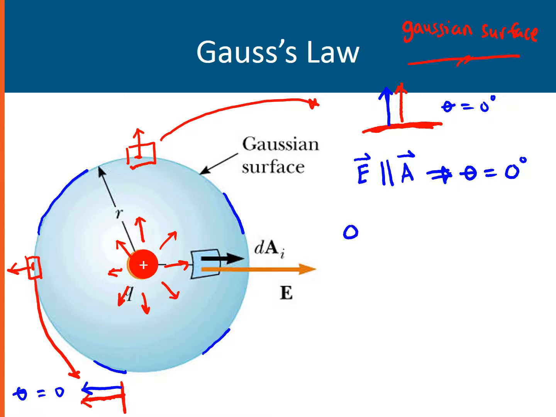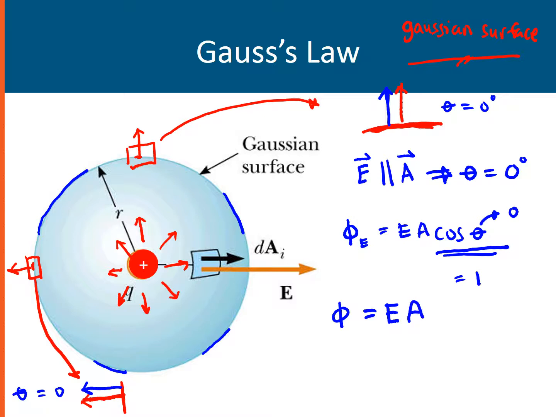And we have learned that electric flux is equal to EA cosine theta. And when theta is equal to 0, this means cosine theta is just equal to 1. So therefore, our electric flux is just equal to the magnitude of the electric field multiplied by the area. And since our Gaussian surface is a sphere, this area here is the area of the Gaussian surface.